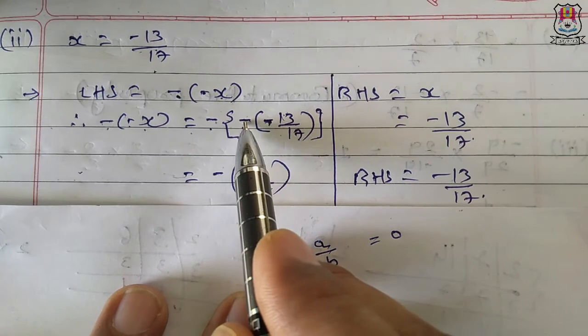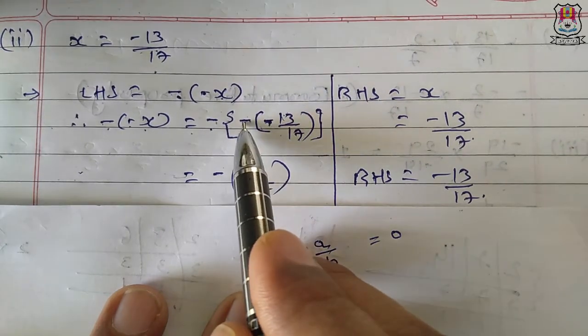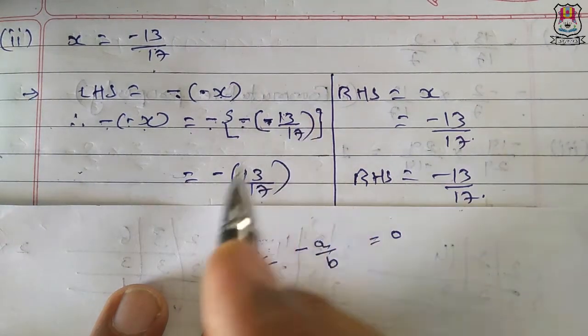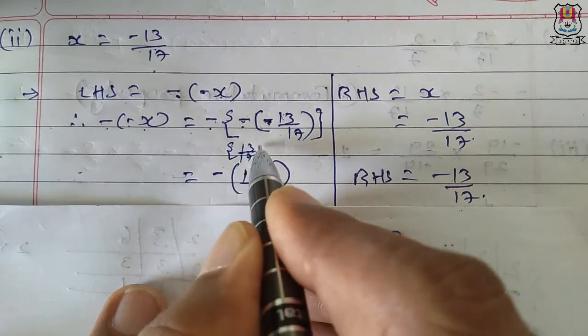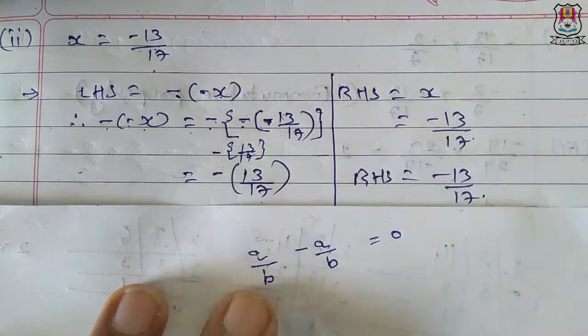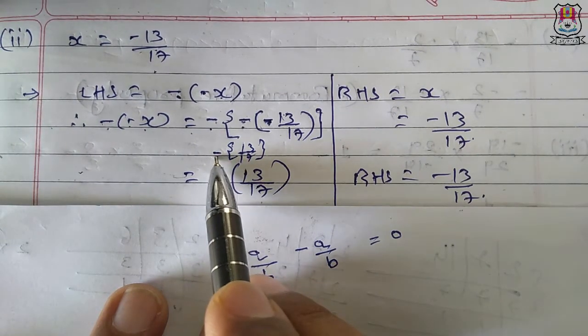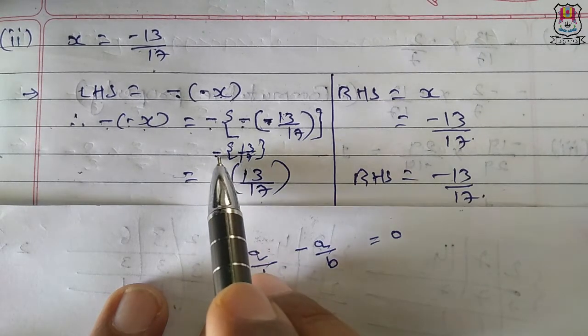When we open this bracket, there is a negative sign outside this bracket, so automatically this is going to become plus. So the next step will be like this, 13 upon 17, and there is a negative sign. Now as I said, when we open this bracket, when there is negative sign outside this bracket, it changes the sign, so this plus will become minus.